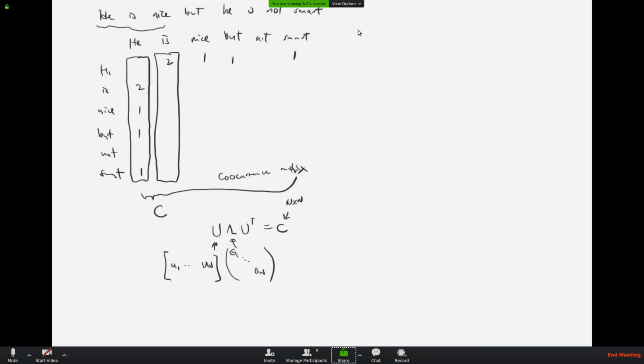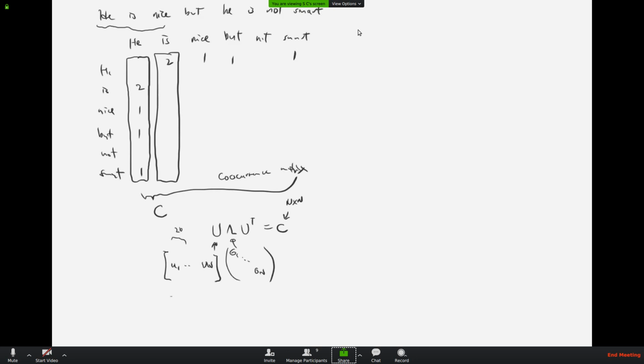So immediately you can see that if I want an embedding of just dimension 20, what I can do is take the first 20 column vectors and use that as a representation for all the words.